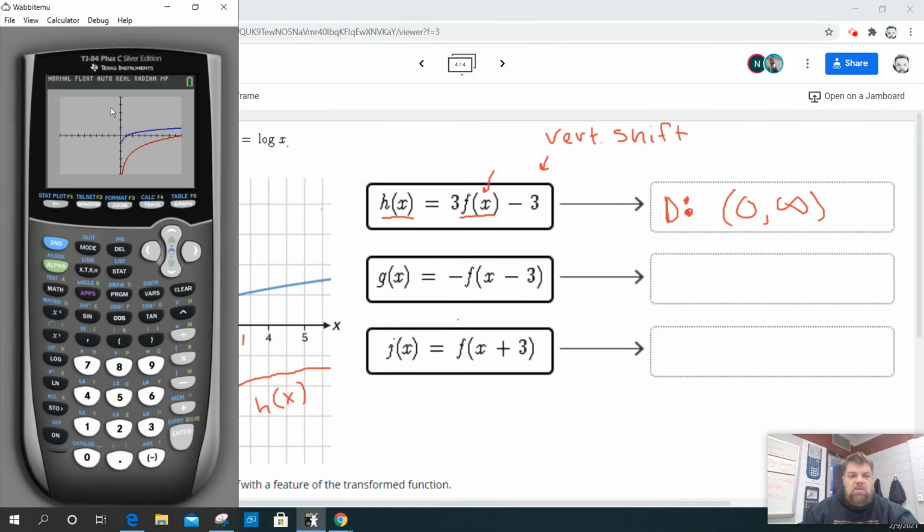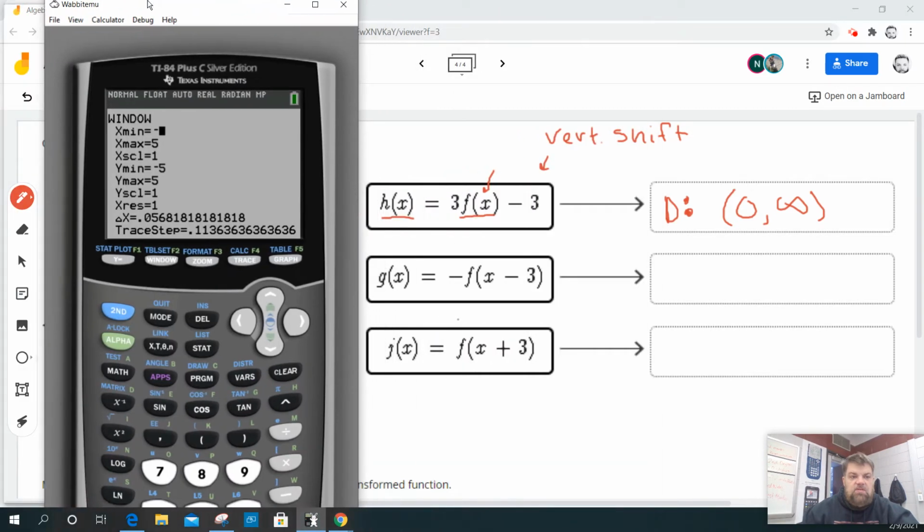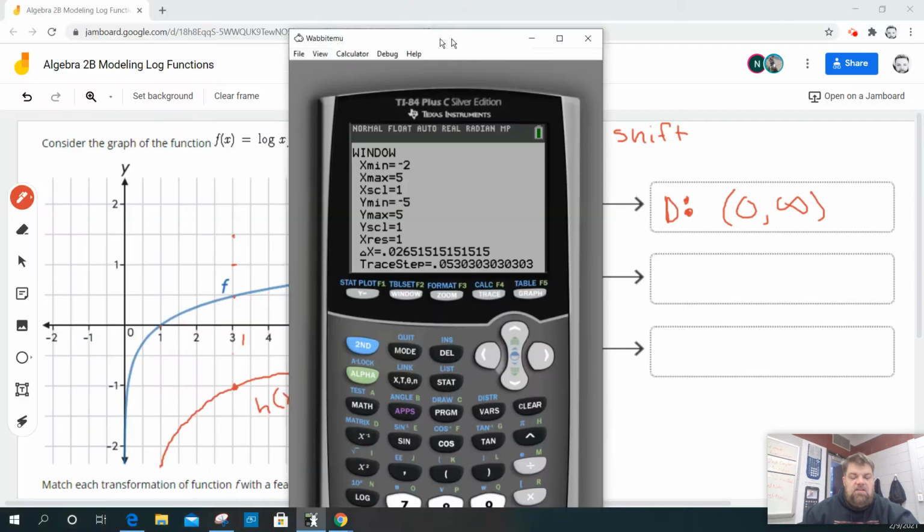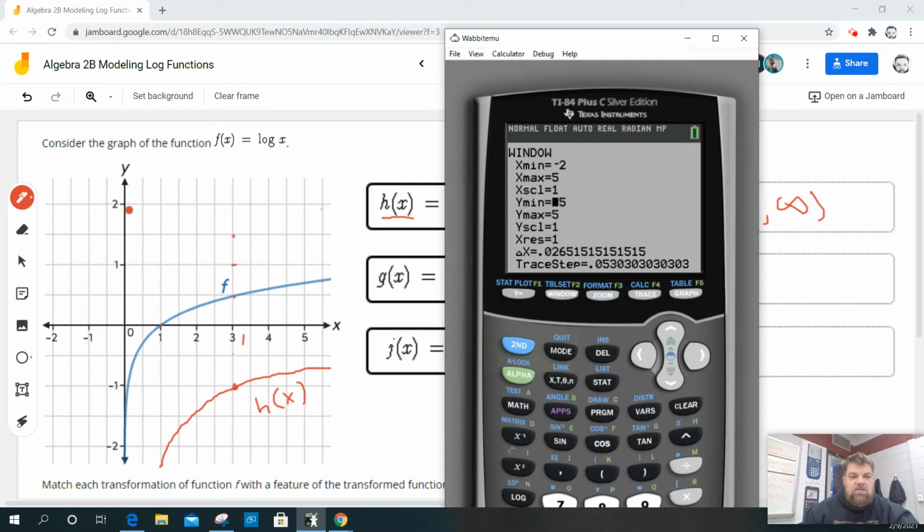So if I zoom in on this, let me set my window from x to 10 and negative, it looks like, what is it? Negative 2. What I'm doing is I'm setting up the windows to look exactly like the window here. So this is negative 2, this is positive 2.